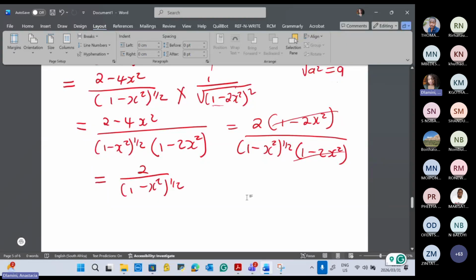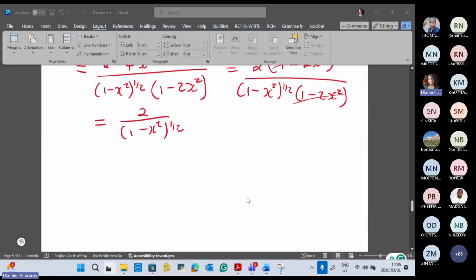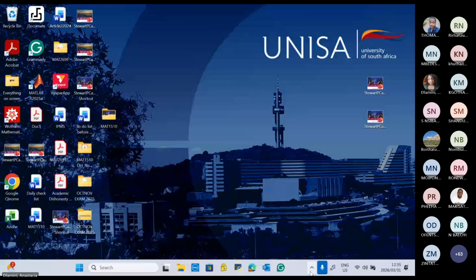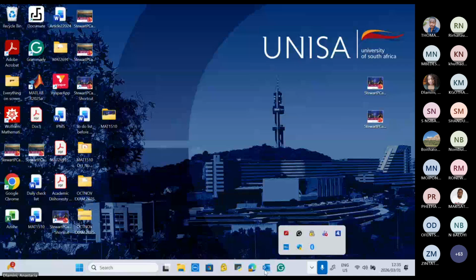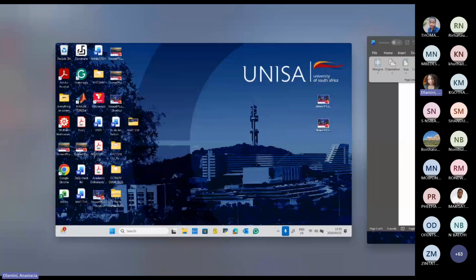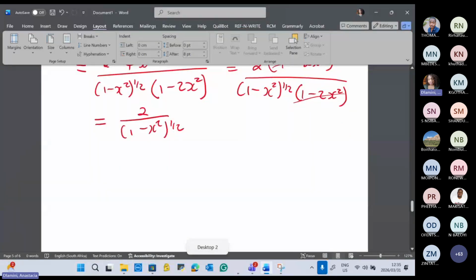Because now there's nothing else I can do, I can take this into a root. Oh, what have I done? Okay. There we go. So then this equals 2 over the root of (1 minus x squared).